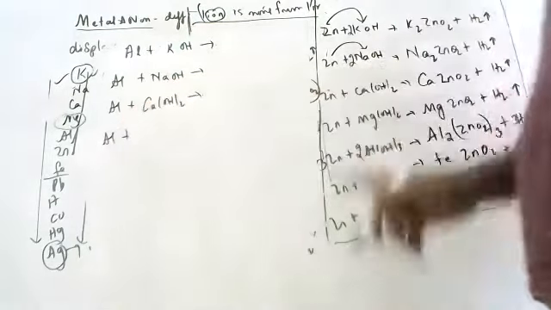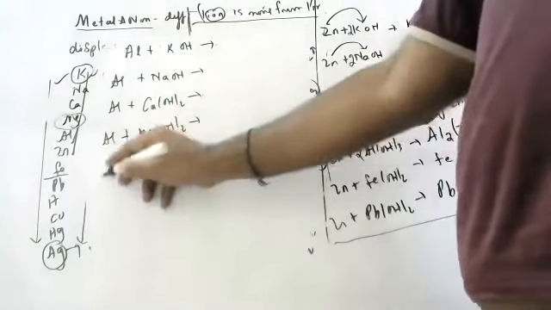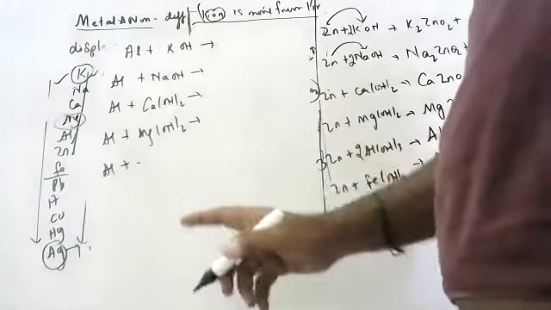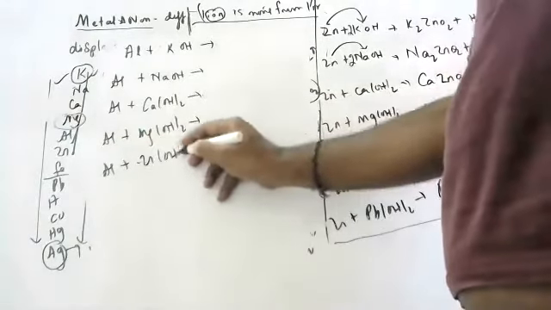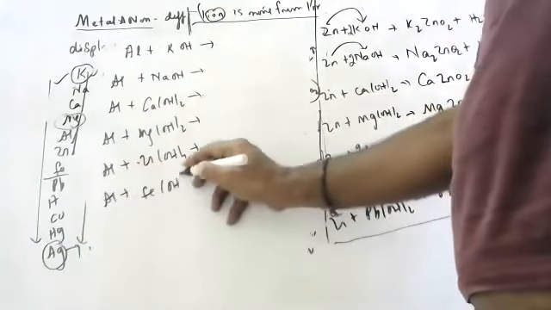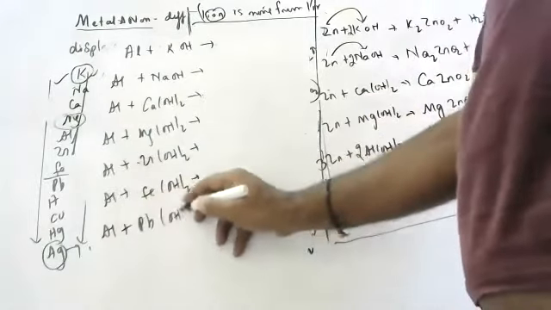Al plus Mg(OH) taken twice. Al plus Zn(OH) taken twice. Aluminium plus Fe(OH) taken twice. Al plus Pb(OH) taken twice.